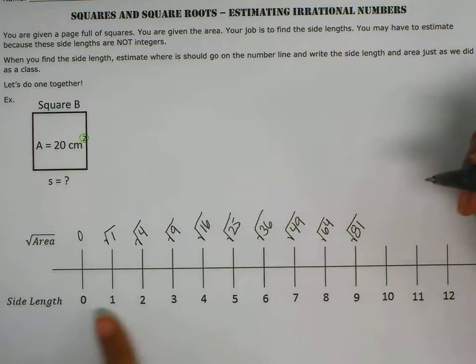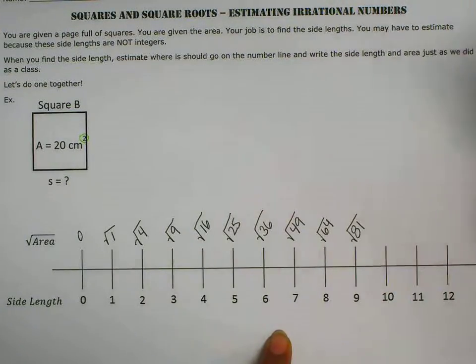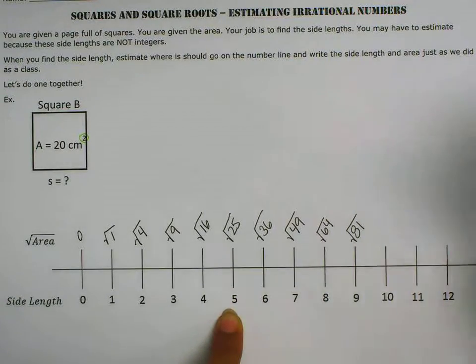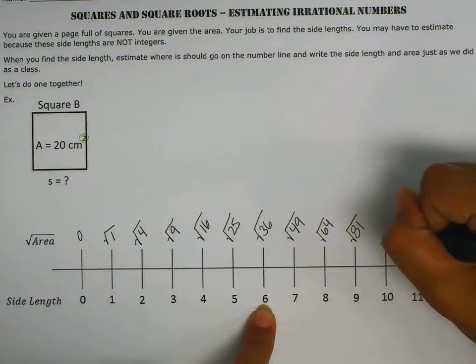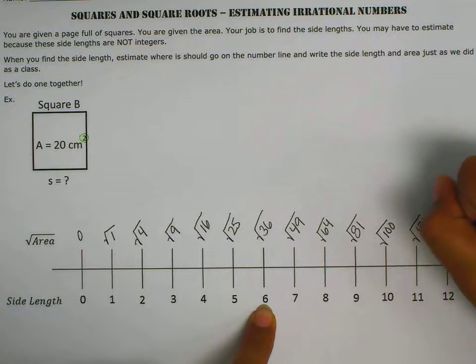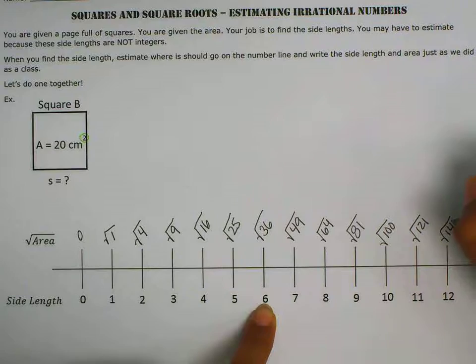And if you do not know these by memory, remember you're just typing into your calculator 5 times 5 or 6 times 6. Square root of 100, square root of 121, and 144.